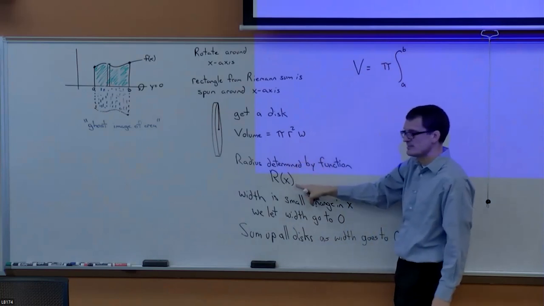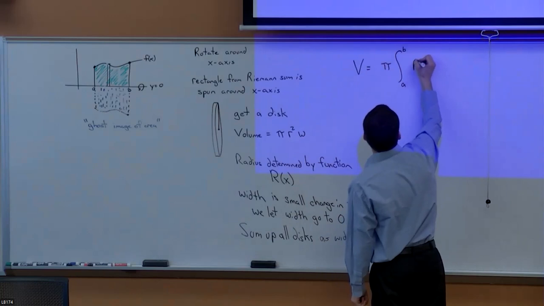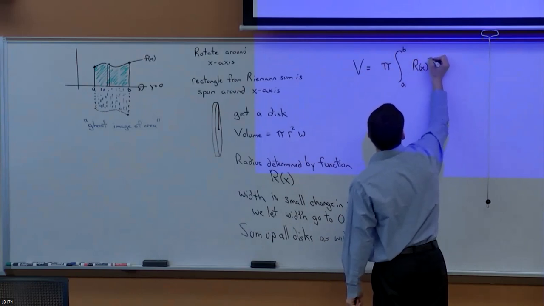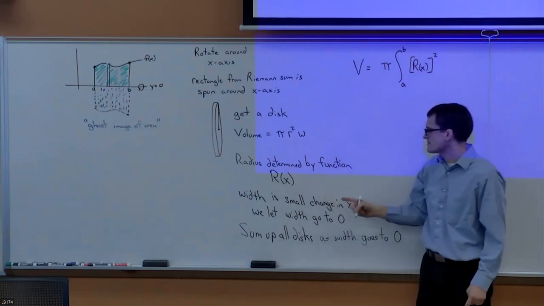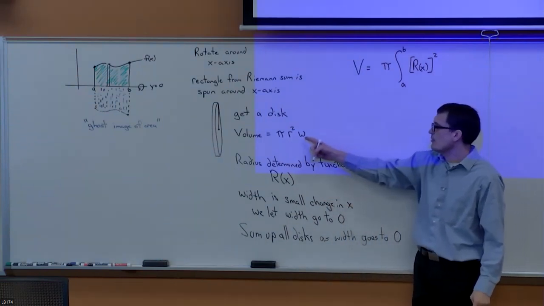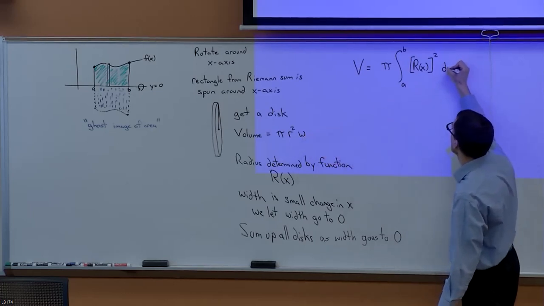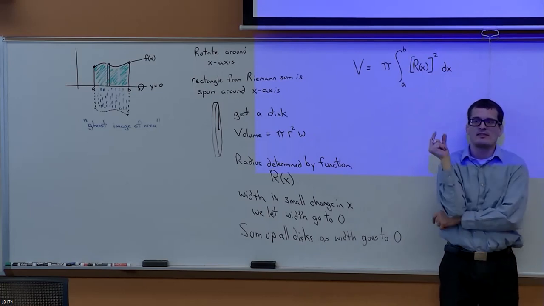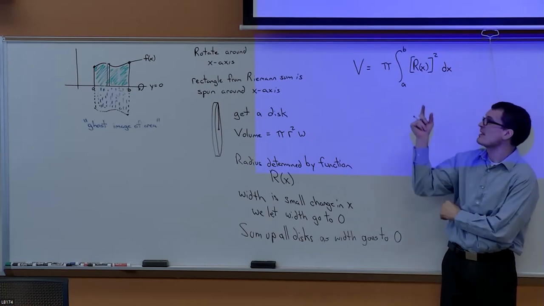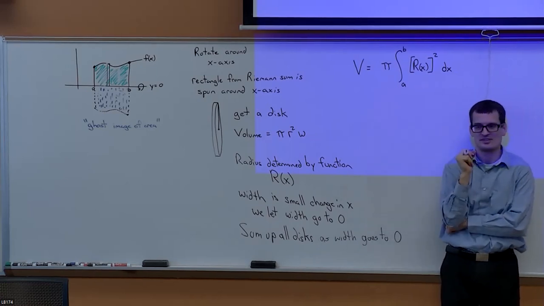My radius is now determined by some function, so this is radius squared. And as the widths go to 0 and I sum up, that's where this turns into an integration, just like we did in the Riemann sum.